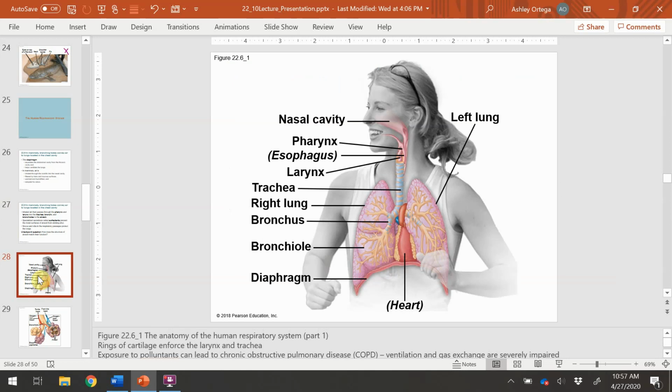And then from the larynx goes down to the trachea, which is the long, very thick tube that's going to be supported by rings of cartilage. And then those branch into bronchi, or bronchus for singular. And so each bronchus goes to a lung, left and right lung. And from there, they have bronchioles that branch off. And from bronchioles, you'll have eventually alveoli.